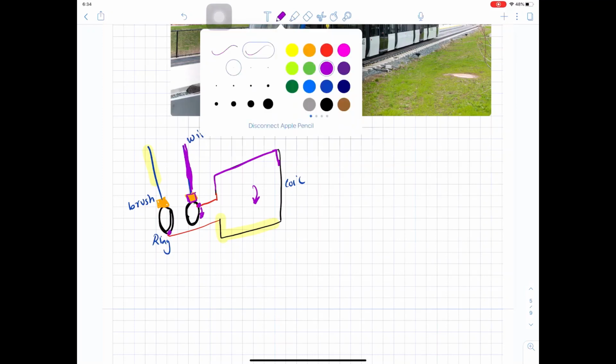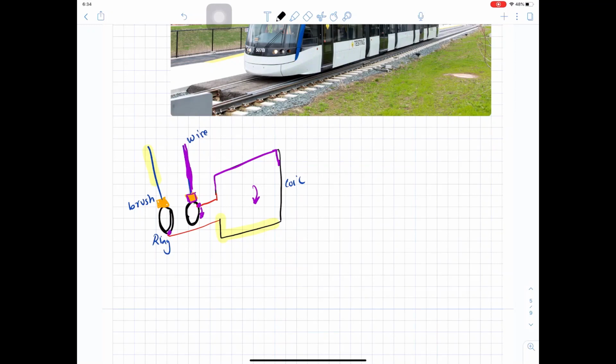So this is the first issue. So we use slip rings and brushes, and this is a big issue for this kind of machines. And this is where Tesla did his breakthrough.